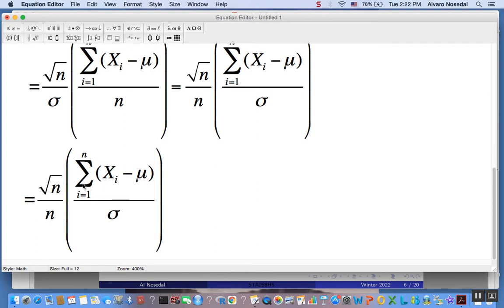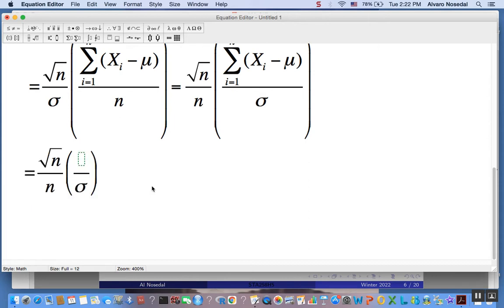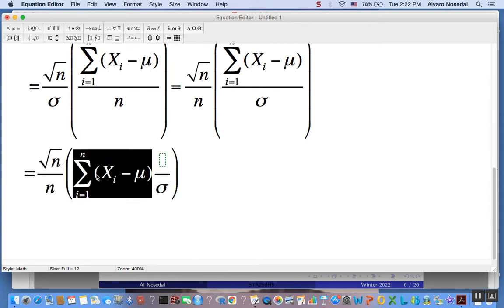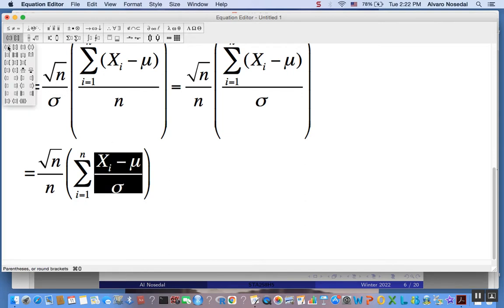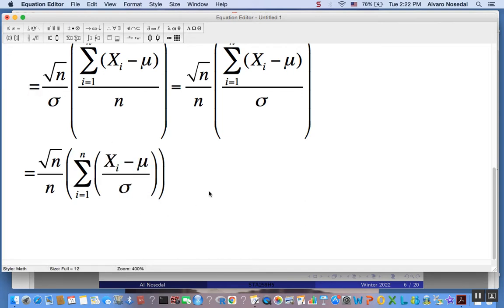Now, right? That's the same. It's just a common factor, so I place it inside, so it's the same.